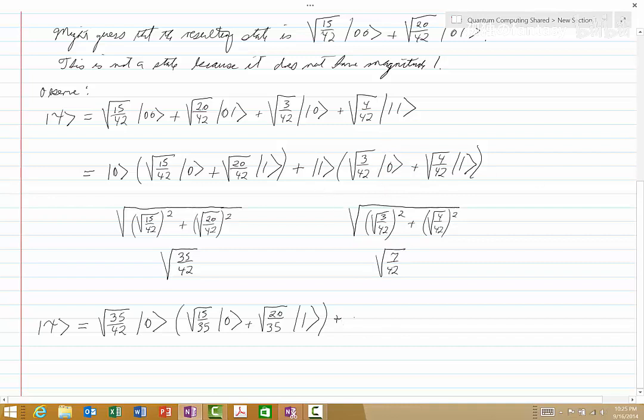So we get square root of 7 over 42 times |1⟩, and then open parentheses, square root of 3/7 |0⟩ plus square root of 4/7 |1⟩.